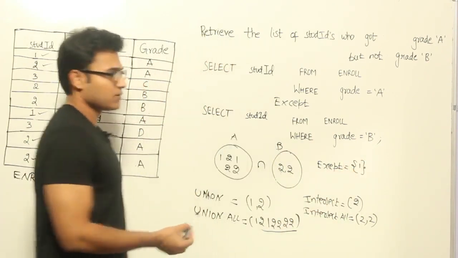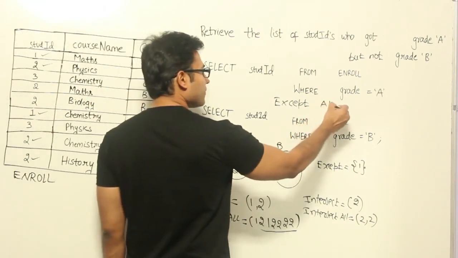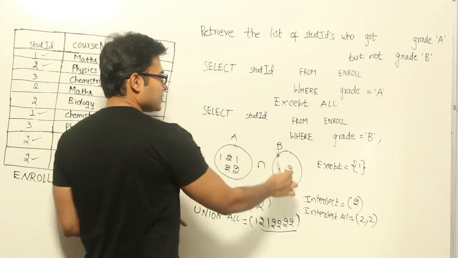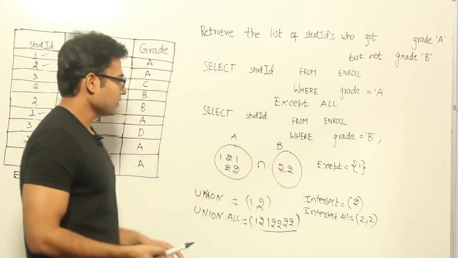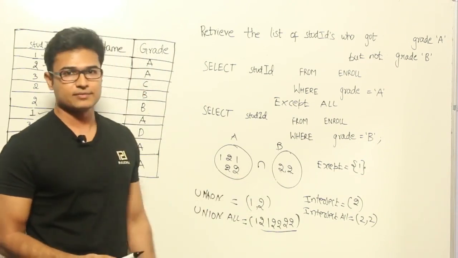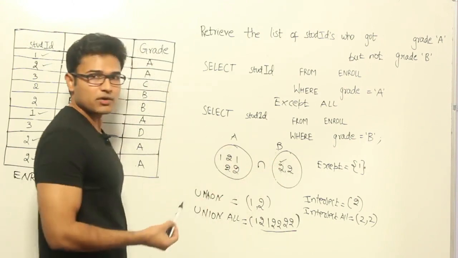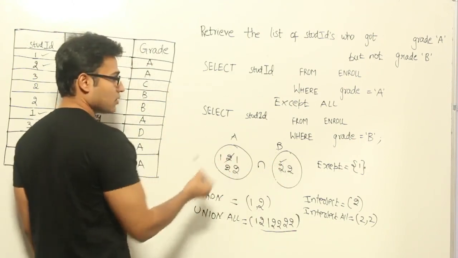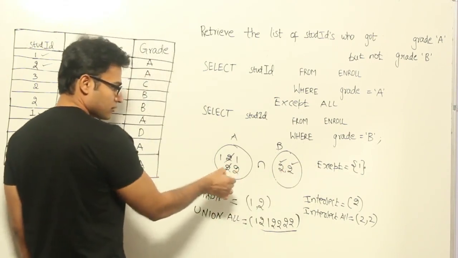Now in case you want to see the duplicates as well, then you are going to write except all. When you write except all, consider this as if there are repetitions, and then take every occurrence here and strike it off there. Which means for this 2 you strike off one 2, and for this 2 you strike off one more 2.